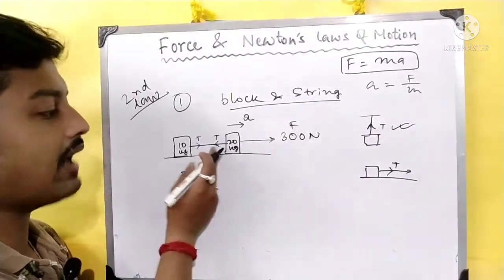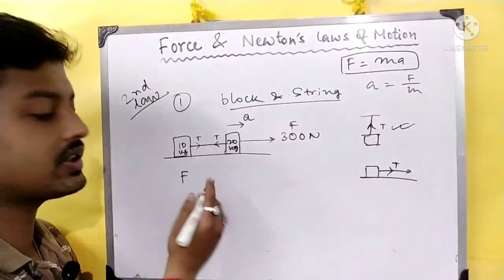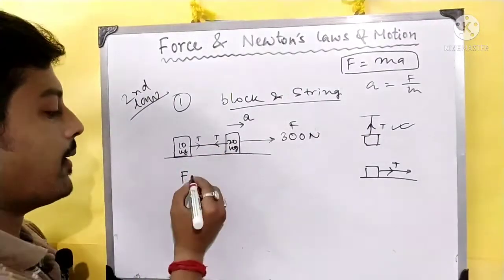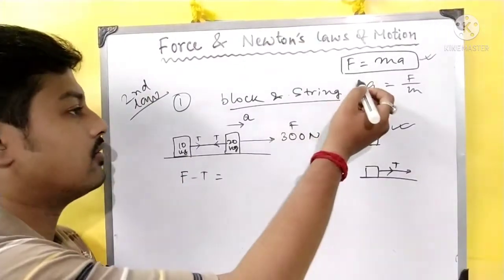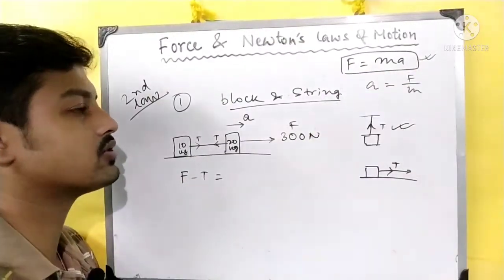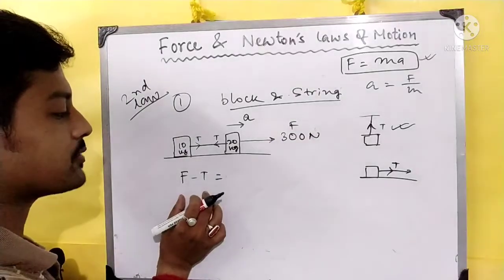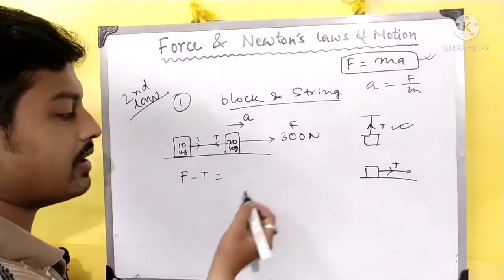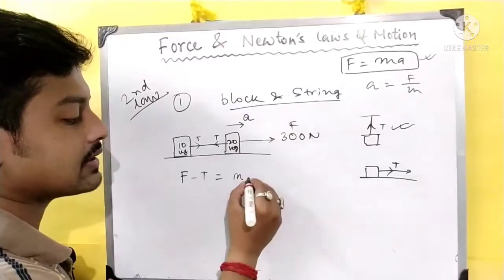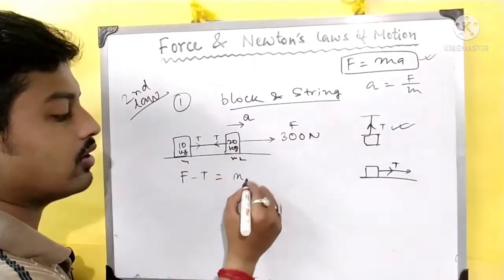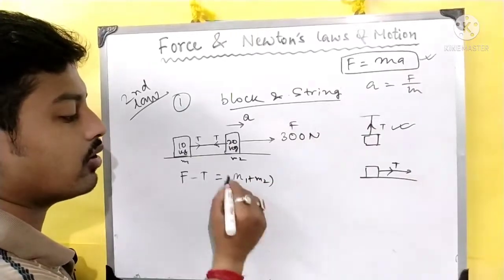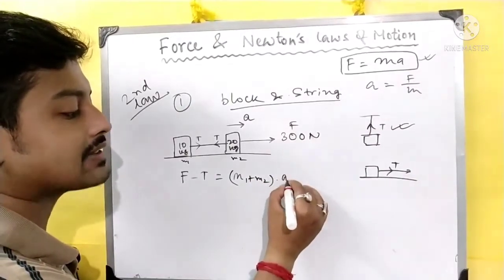So F and this tension will be in opposite directions, so F minus this tension equals, we have to follow the equation F equals ma. This is the expression of effective force, which will be equal to the mass of these two, m1 plus m2, multiplied by the acceleration.